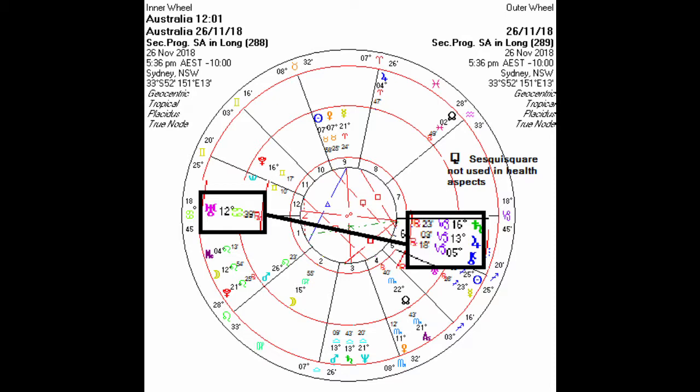So you have Uranus on the left, and you have Jupiter, which rules the leg, on the right, in the sign of Capricorn. Closely by it, you also have the planet Saturn at 16 degrees Capricorn on the right.